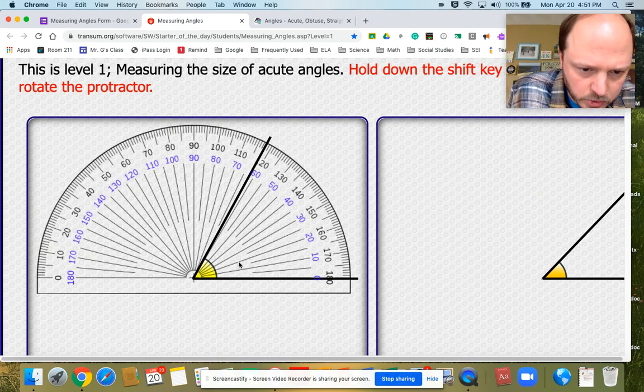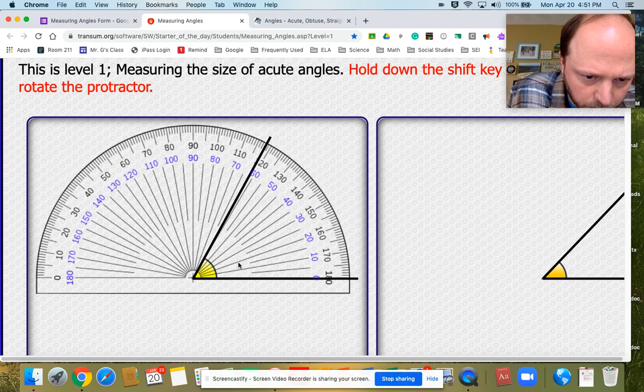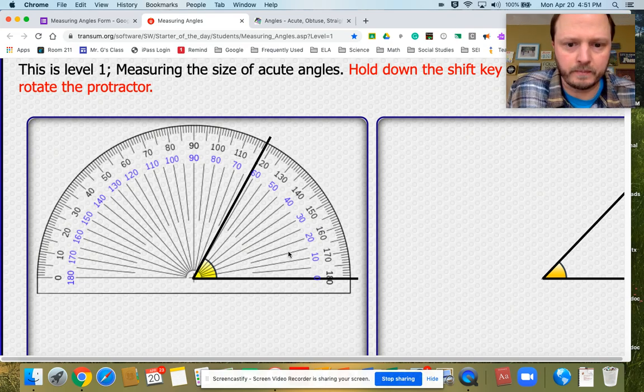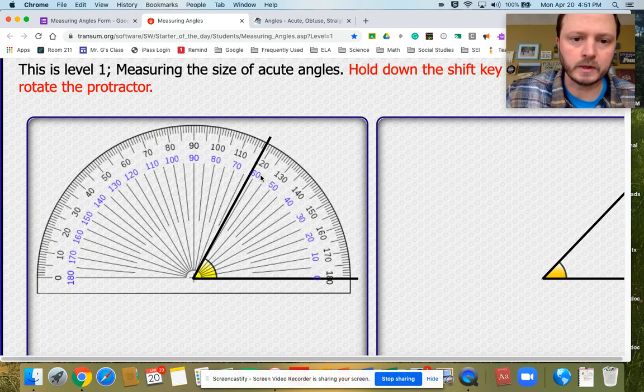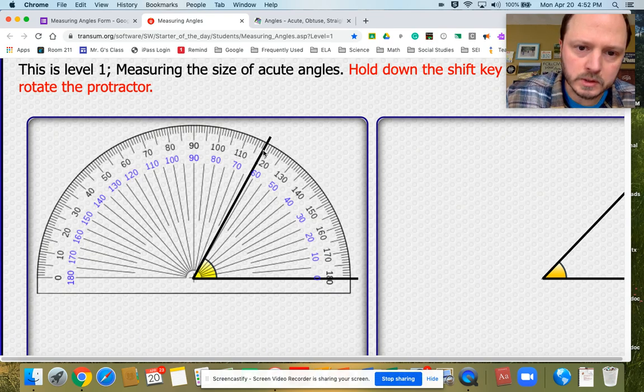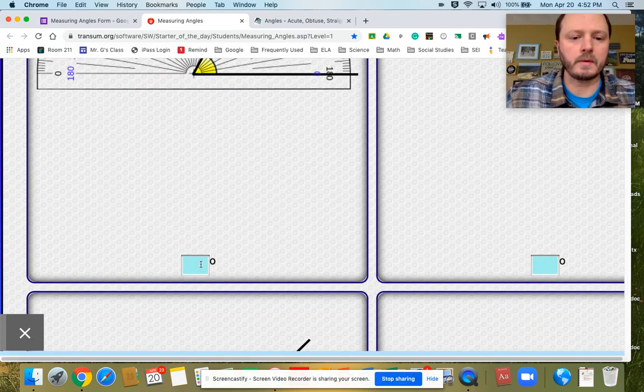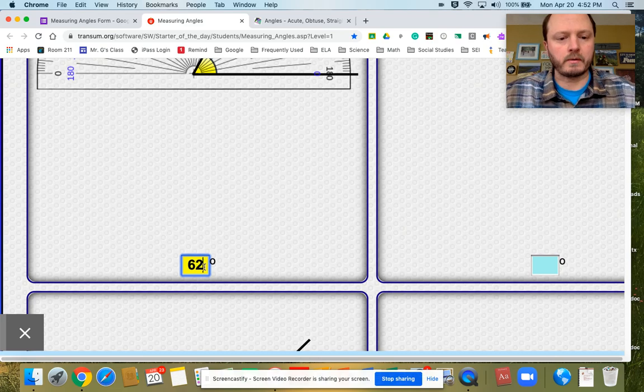I'm going to make sure that this center point is right there on the vertex. And that looks pretty good to me. Now, what is our measurement? Well, we have 0, 10, 20, 30, 40, 50, 60, and 1, 2, maybe 3, 63, or 62. No, 62 degrees. Okay, and we can enter that right here in our site.